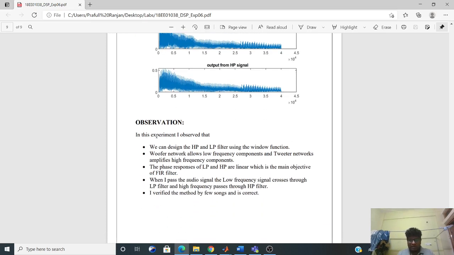Now, what is our observation in this experiment? I observed that we can design high pass and low pass filters using the window function, which we have already designed. The woofer network allows low frequency components and the tweeter network amplifies high frequency components. The phase responses of LP and HP are linear, which is the main objective of the FIR filter.